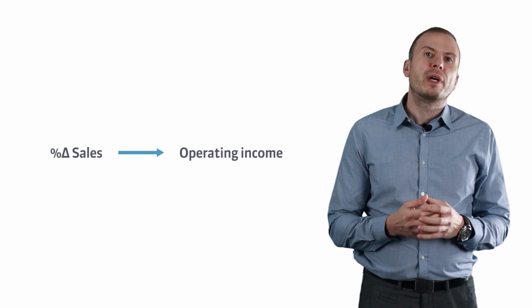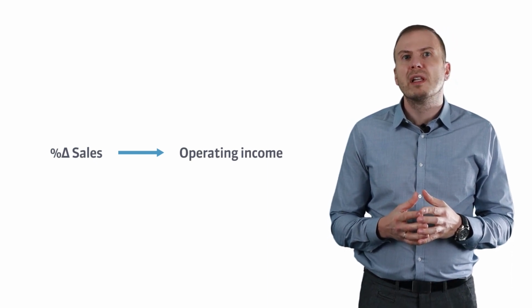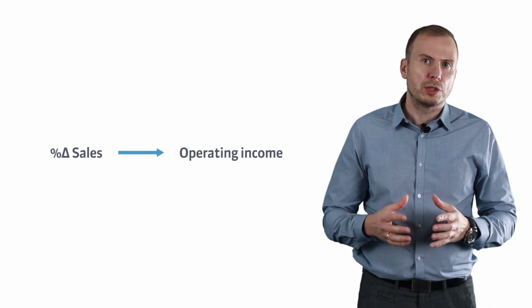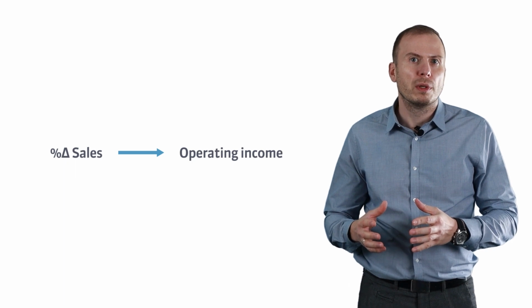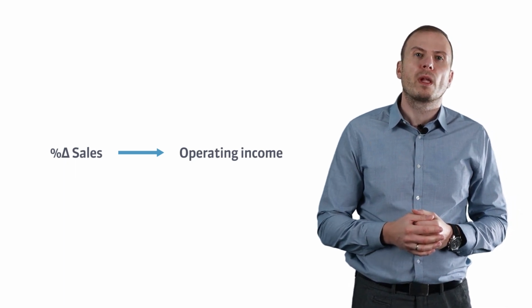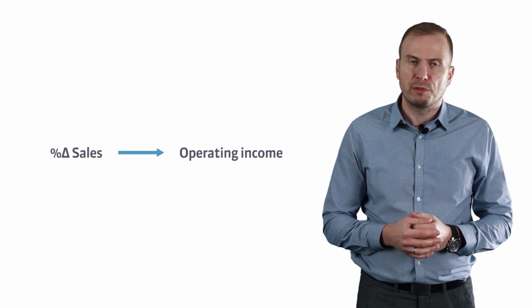The degree of operating leverage is a measure at a given level of sales of how a percentage change in sales volume will affect profits. Let me show you an example of how to use this formula.